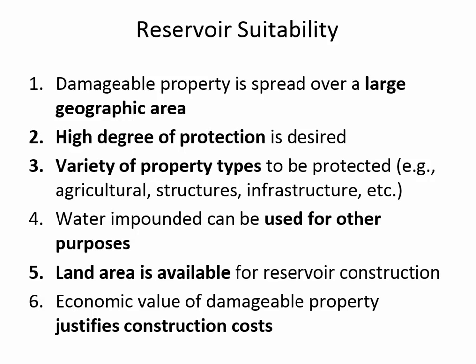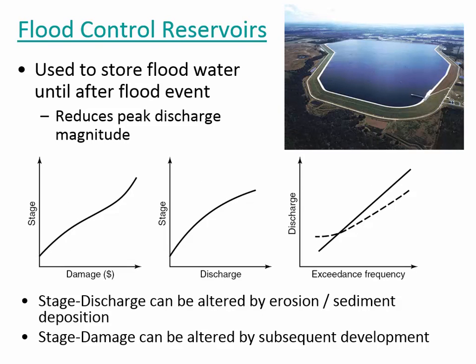There are certain types of cases where a reservoir is suitable, and for each of these structural measures, some of them have common suitability constraints, and a few of these constraints are unique. I've just highlighted, for example, that a reservoir is good if you've got a really large area that you need to protect. So you're putting all of the extra water in one place, and in theory you're protecting a large tract of land that otherwise would have a little bit of flooding on it.